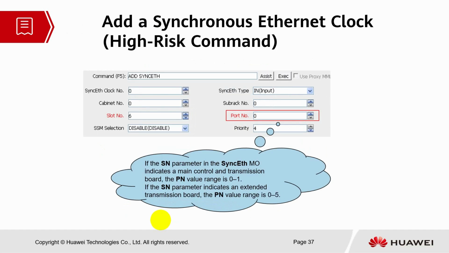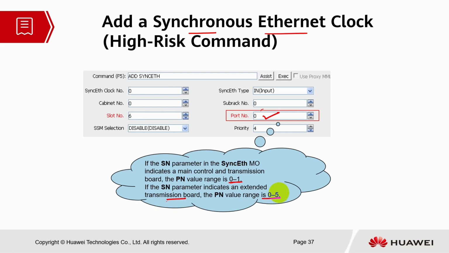Next, we're going to look into the synchronous Ethernet clock. This is another type of external clock system. For this, we have to configure based on the port number. The port number, ranging 0 to 1, refers to the main control and transmission board, and the slot number indicates the extended transmission board. The port value will be 0 to 5.